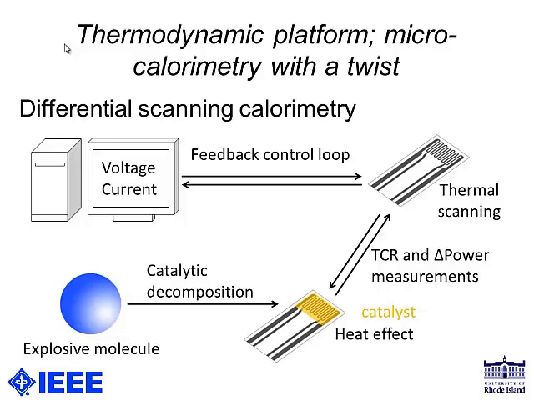When the explosive molecules interact with the catalyst, there will be a heat effect associated with the catalytic decomposition process. In order to compensate for the heat effect, the computer will adjust the power output to maintain the same temperature. And this adjustment of power will be recorded and studied. Then the computer will change to the next power setting and move the experiment to the next temperature range.